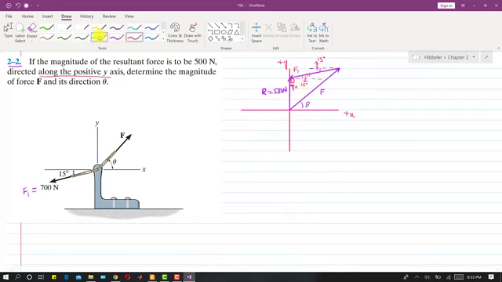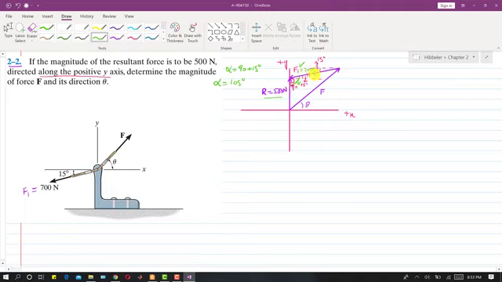So now from this we know this angle. This green angle, let's suppose this angle is alpha, so alpha is equal to 90 plus 15 degrees. So this alpha is 105 degrees. Now this resultant magnitude is known, and F1 is known, which is 700 Newton.